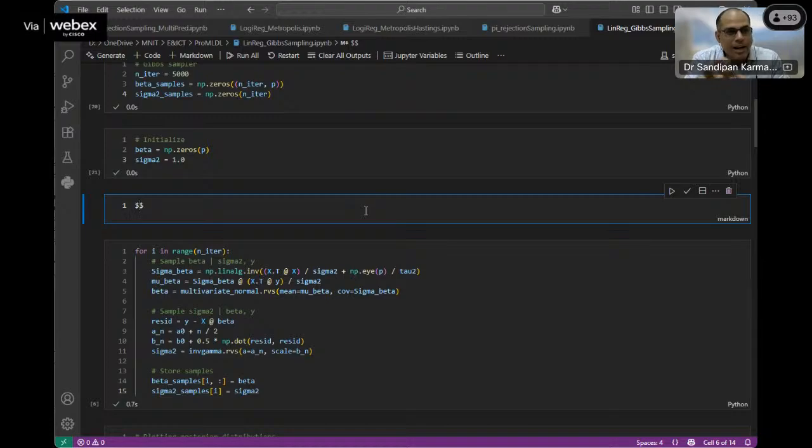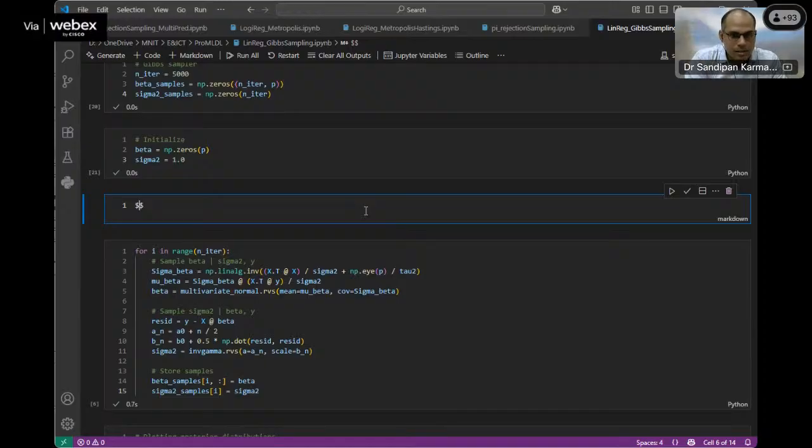You can write nicely using LaTeX formulas. You can actually write down the expressions, so that is why I use this notebook, either Jupyter notebook or VS Code. The multiplication symbol for matrix multiplication is the at the rate symbol.